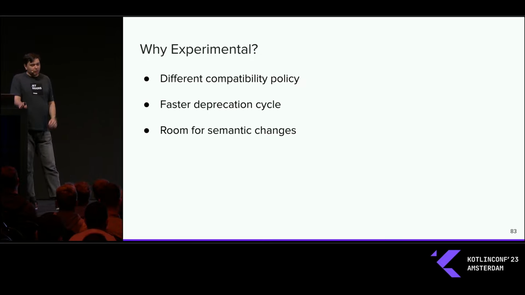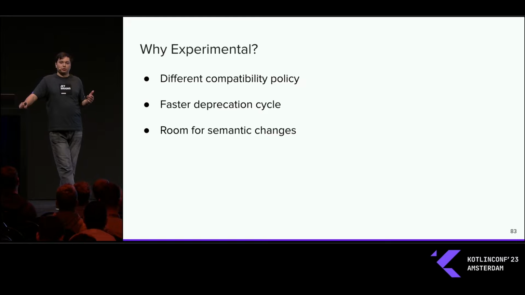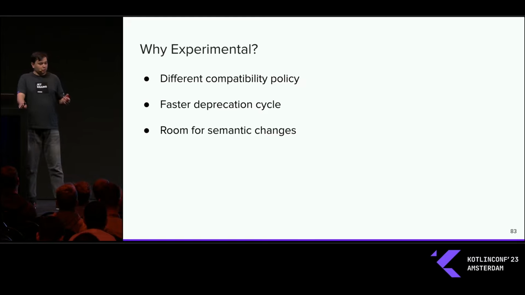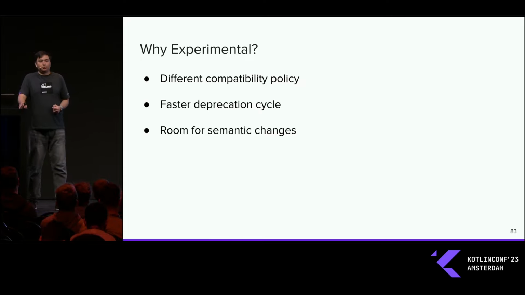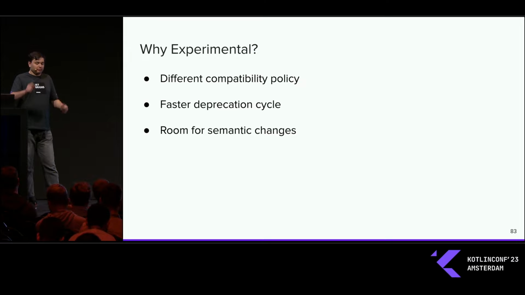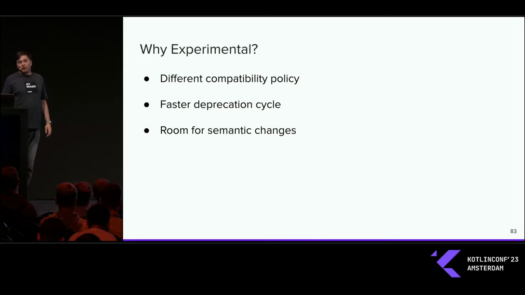So we may want to evolve this new function quickly based on user feedback. But if it's stable from the start, we can't do anything with it except deprecating it and introducing a new function with a different parameter list. By marking something experimental, we say that we can break it, like add a new parameter. By doing this, we can evolve much faster than with a stable API.